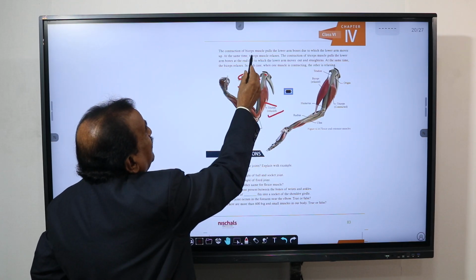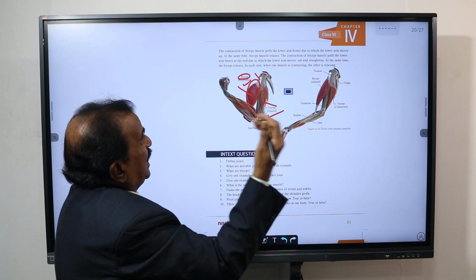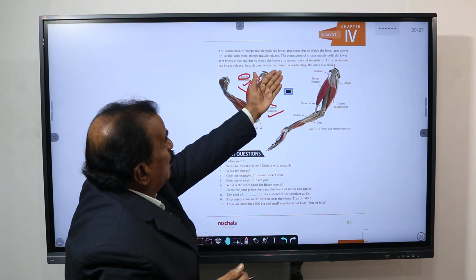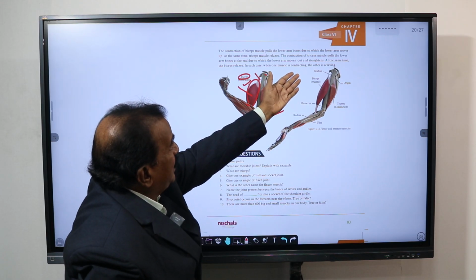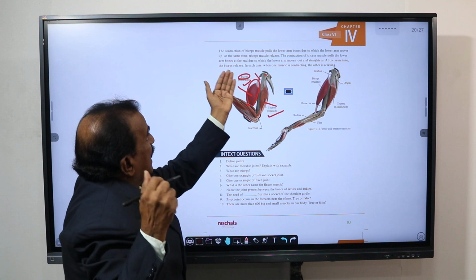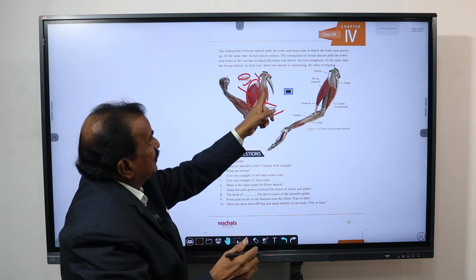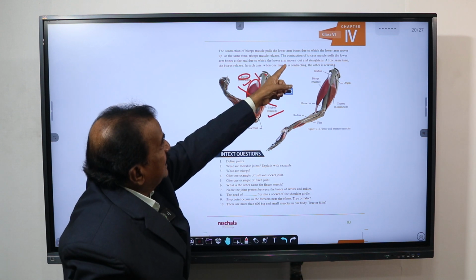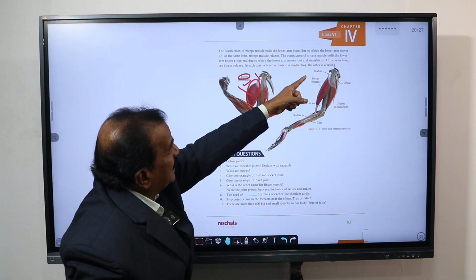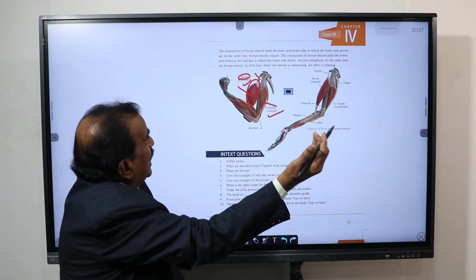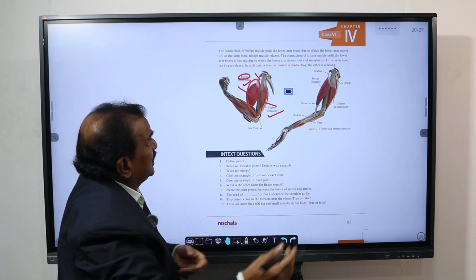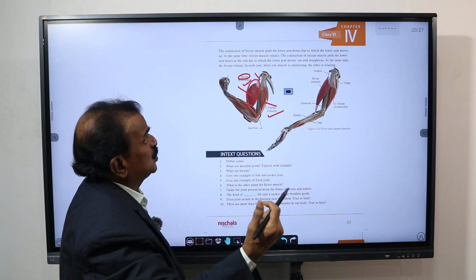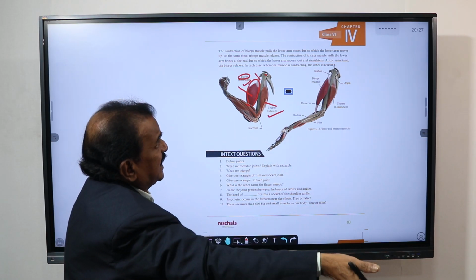The contraction of the biceps muscle pulls the lower arm bone, due to which the lower arm moves up. At the same time, the triceps relaxes. The contraction of the triceps pulls the lower arm bone at the end, due to which the lower arm moves out and straightens.